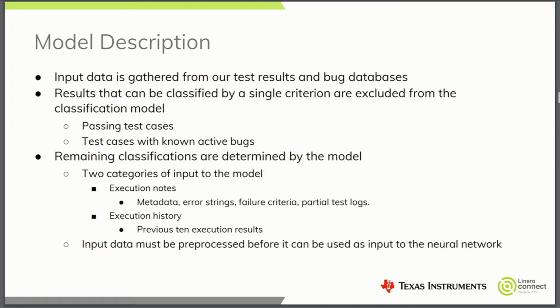We're going to take inputs from two different places: from the test logs and from what we call here the execution history. And you might ask, why use the execution history? Well, it has been our experience that the execution history matters, and I'll give you an example. Let's say you have a test case that, if you look at the last 10 days, went pass, fail, pass, fail, pass, fail, pass, fail. So it's kind of flipping between passes and fails.